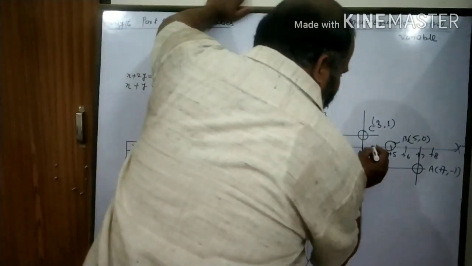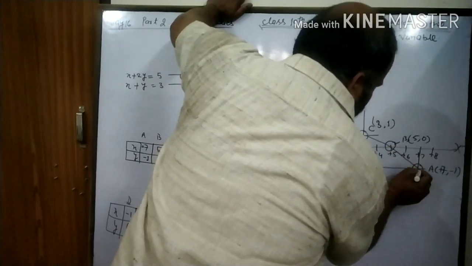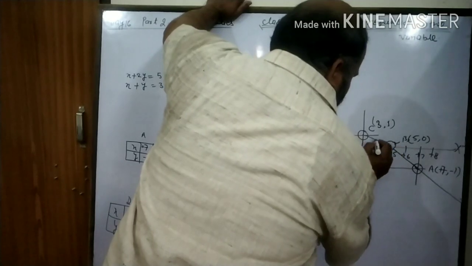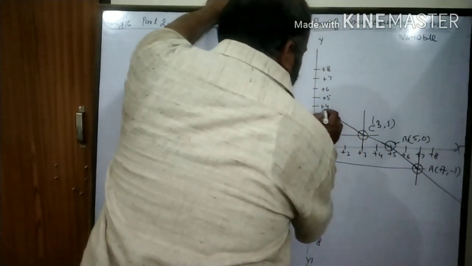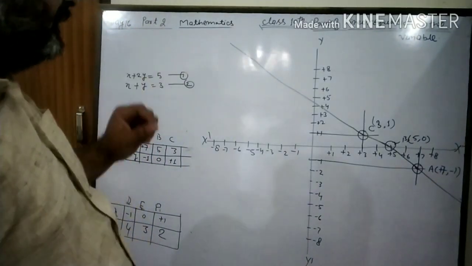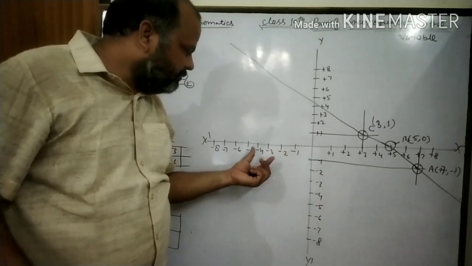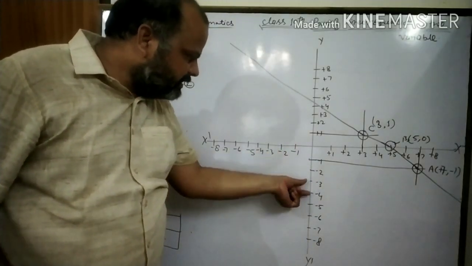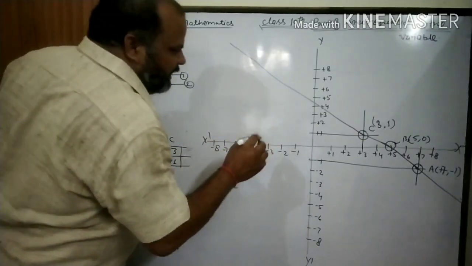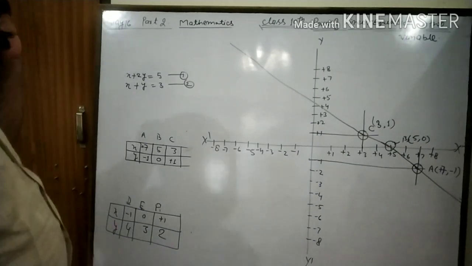Now you can join these points. If we use graph paper, then we get a straight line. Here we have no graph paper and no scale, and the distances are not equal, they just seem equal. In the same way, D is -1 comma 4.